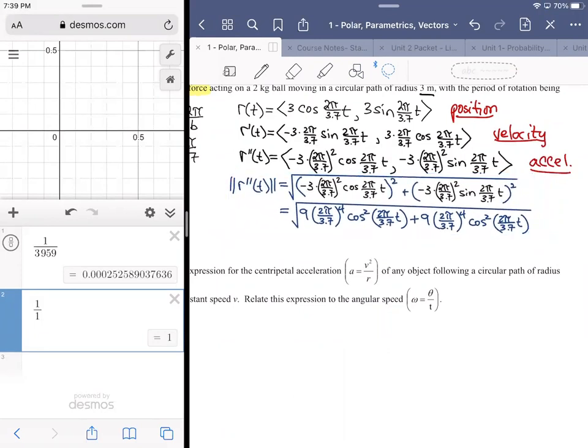So when you factor out the 9 and the 2 pi over 3.7 to the 4th, you'd be factoring it out of the whole thing and taking the square root.